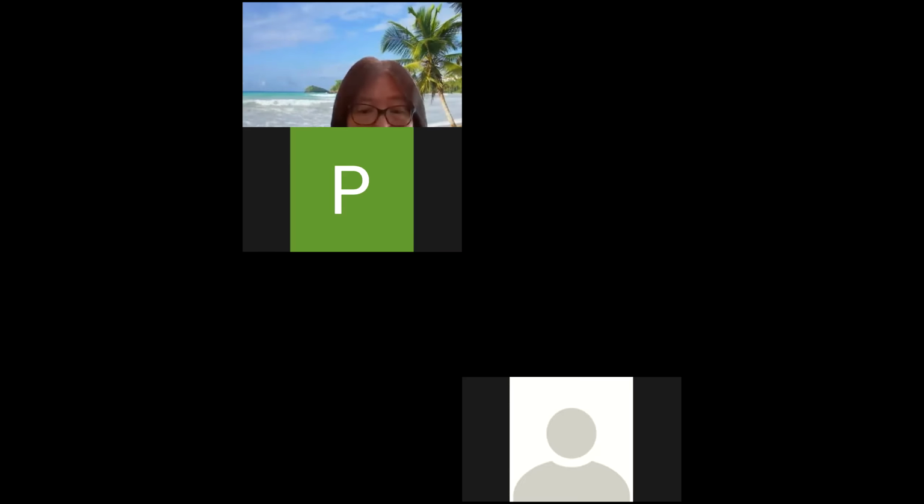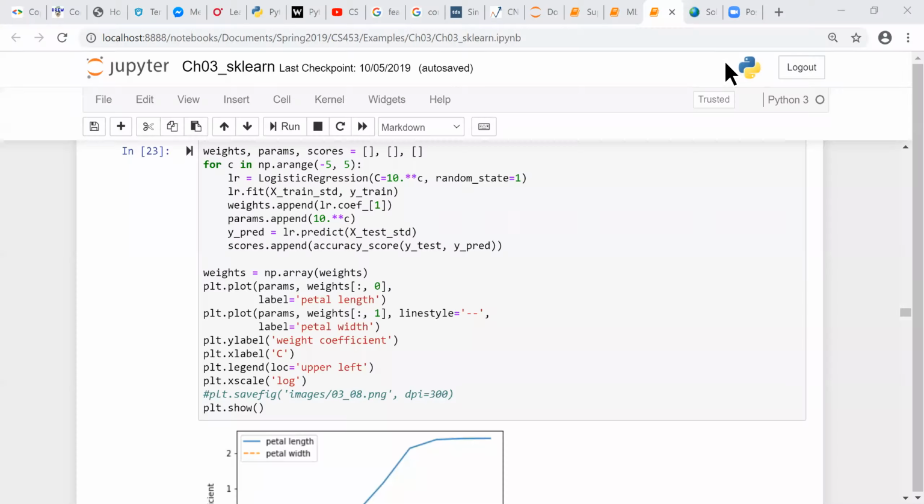And then next, let's take a look at an example regarding what we just discussed about regularization. This example is from chapter 03, still regarding the sklearn one, and still the iris flower.